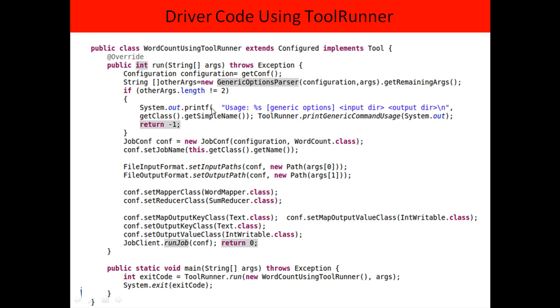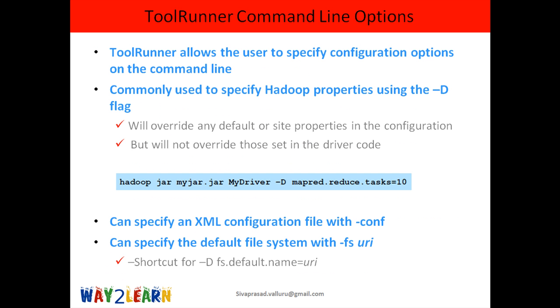So now what I could do is, once I have written a class implementing Tool and extending Configured, how to run this driver to submit the job. Let us see. Whenever you are submitting a MapReduce jar, this is the command: hadoop jar, the jar name and the driver class name, -D, and you can pass some configurations, mapreduce.job.reduces.